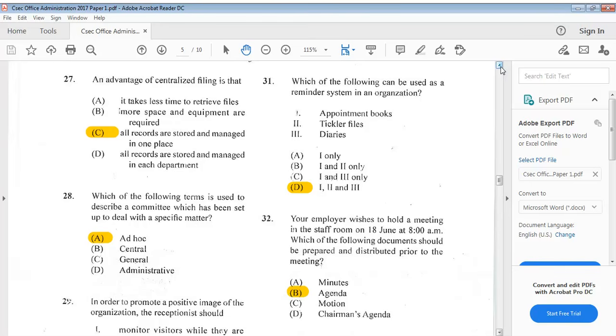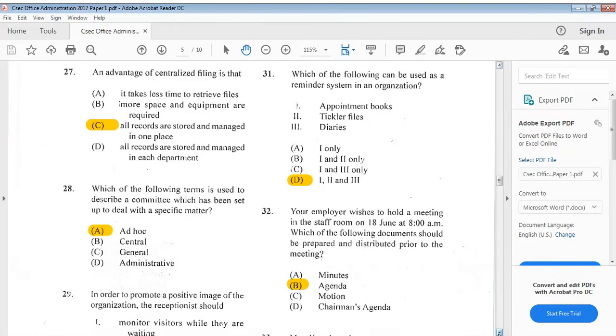Or is it D, 1, 2, and 3? So we know all of the above: appointment books, tickler files, and diaries. All of those can be used as a reminder system in an organization. Let's move on to number 32.